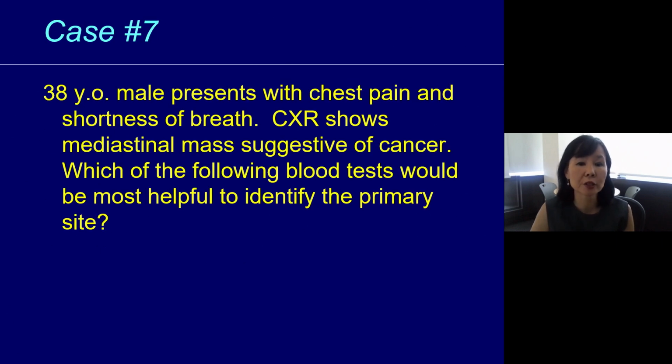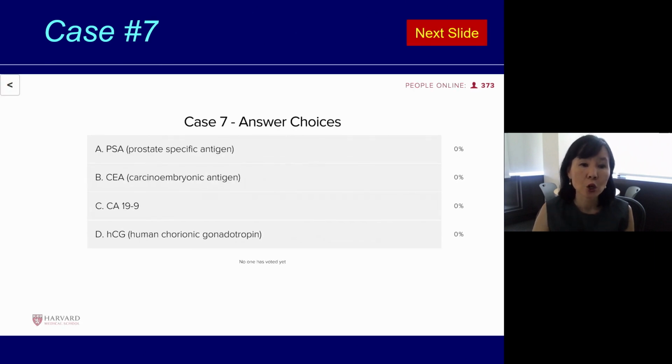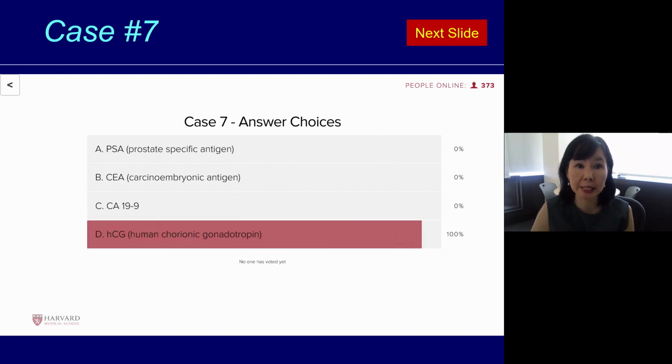And now we're going to move to the final case. A 38-year-old gentleman presents with chest pain and shortness of breath. A chest x-ray shows a mediastinal mass suggestive of cancer. Which of the following blood tests would be most helpful to identify the primary site? Would you check A, a PSA, B, a CEA, C, a CA19-9, or D, HCG? And I'll give you a chance to answer.